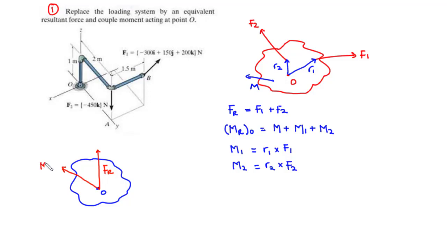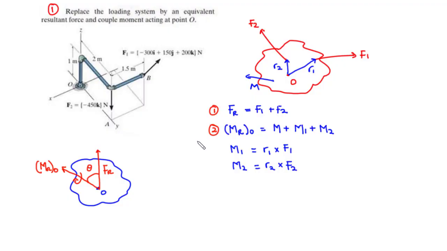So that is M_R about O, and this happens to be the angle theta. Probably there is a clockwise rotation. So basically, these are the 2 main equations we are going to use to simplify a system of several forces and couple moments to an equivalent system.